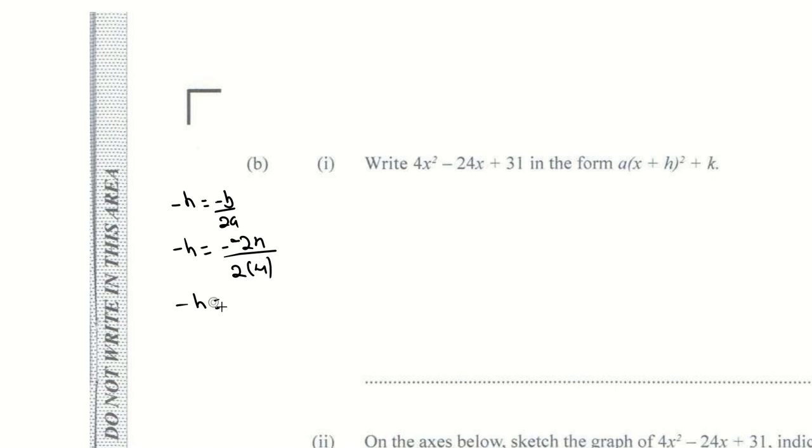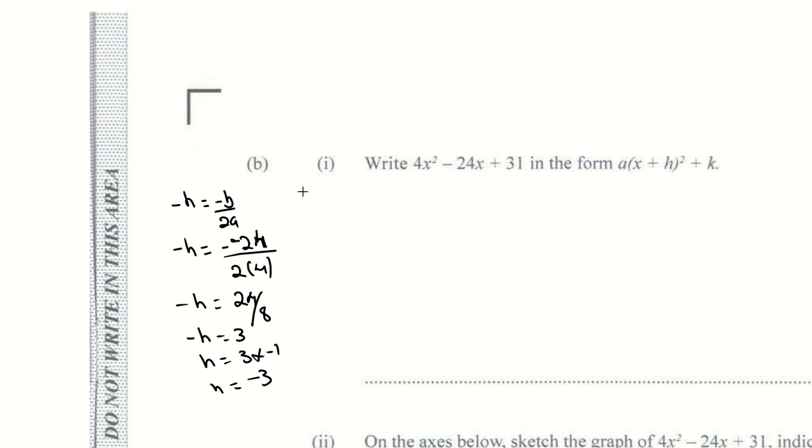So negative h is equal to, this is the way I'm showing you, negative 24 divided by 8. 8 goes into 24 how many times, guys? 3 times. So we want positive h. h is 3 by negative 1, so h is negative 3.